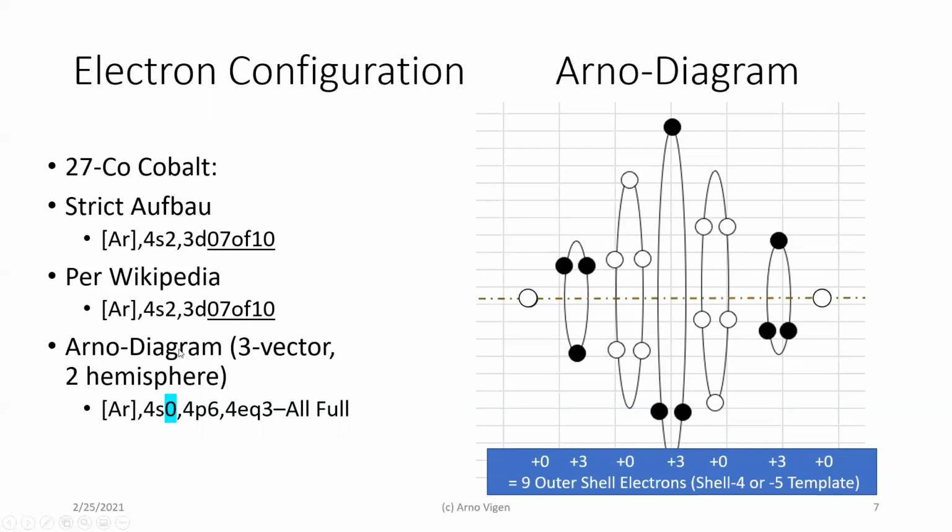By the Arno-Diagram, which is the 3-vector 2-hemisphere structure, you have nothing in the S. You have 4p, P6, the 3 here and the 3 here. Notice that they are offset by half phase, okay? The meridian is down here versus up here, so that they are at 180 degrees versus the nucleus. And then you have the 3 equatorials, 1, 2, 3.